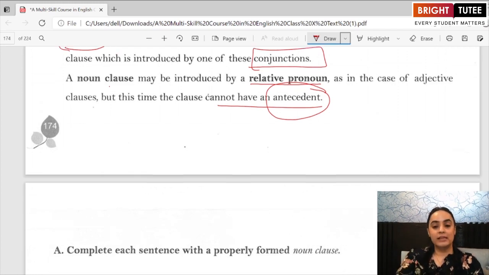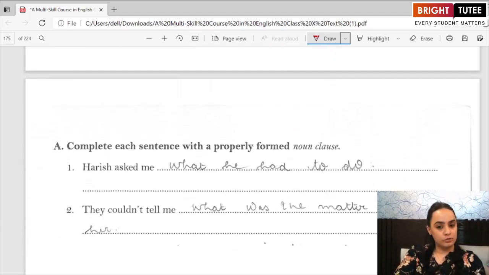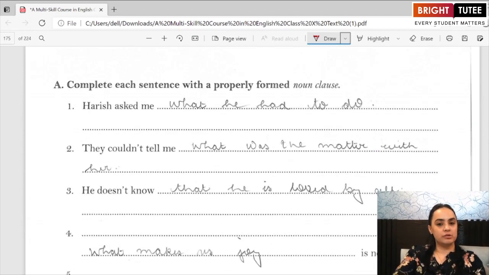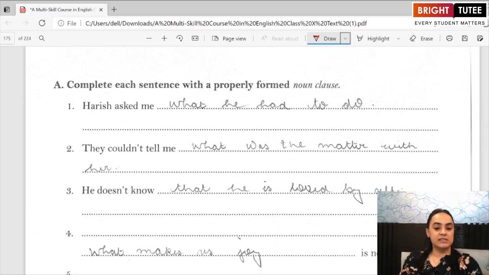Now, let us look at the exercises which will make this noun clause clearer to you. The first question has been done for you on the screen, as you can see. You had to complete each of the sentences using a noun clause. As I told you, a noun clause can either begin with a relative pronoun or it can begin with a conjunction.